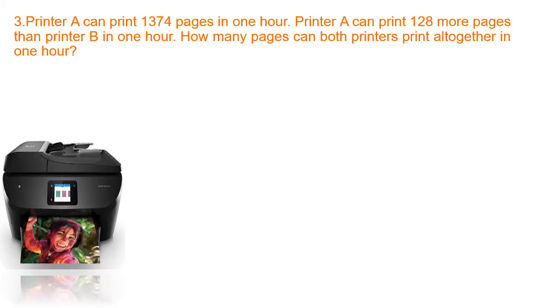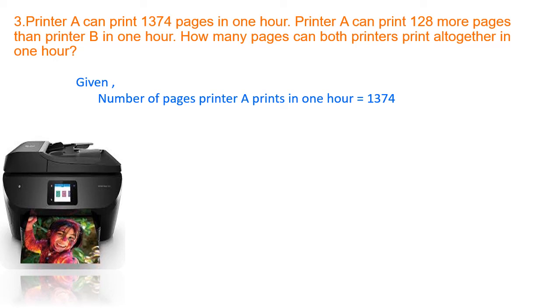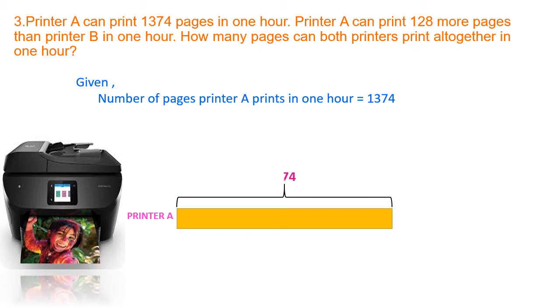Now at first, the information which is given to us is number of pages printer A prints in 1 hour is equal to 1374. Let us represent this with a bar model. So printer A is represented by this yellow bar which has a value of 1374.